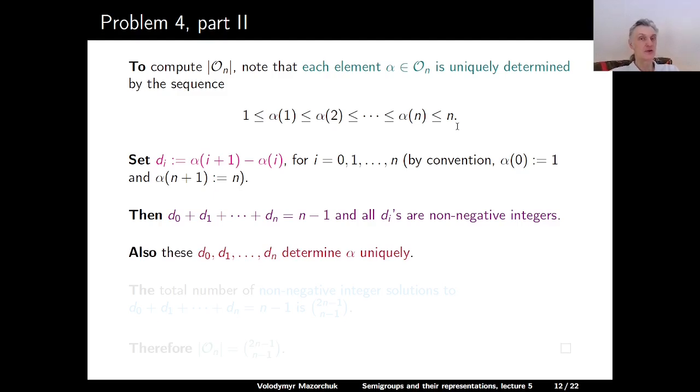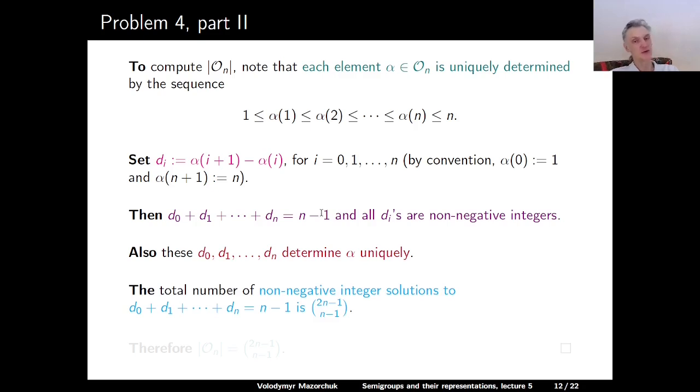So the number of ways to construct alpha coincides with the number of ways we can solve this equation, d0 plus d1 plus and so on plus dn is equal to n minus 1, and we want to find non-negative integer solutions to this equation.